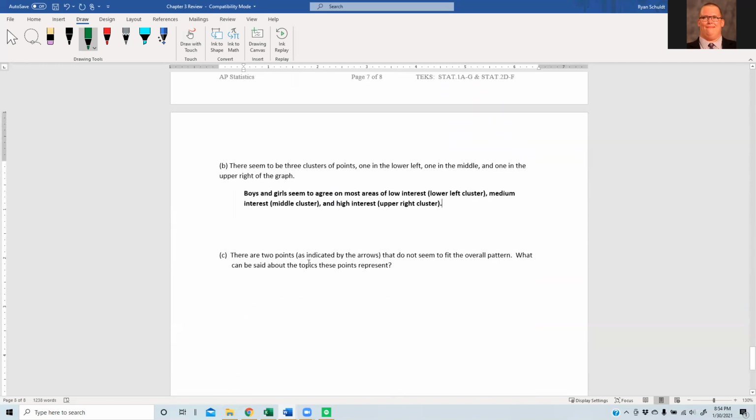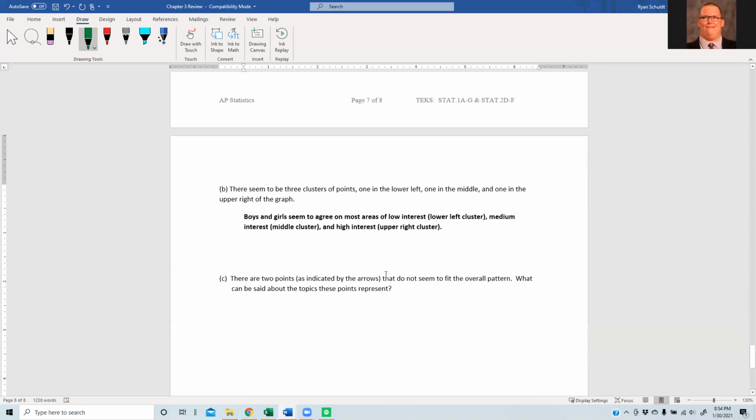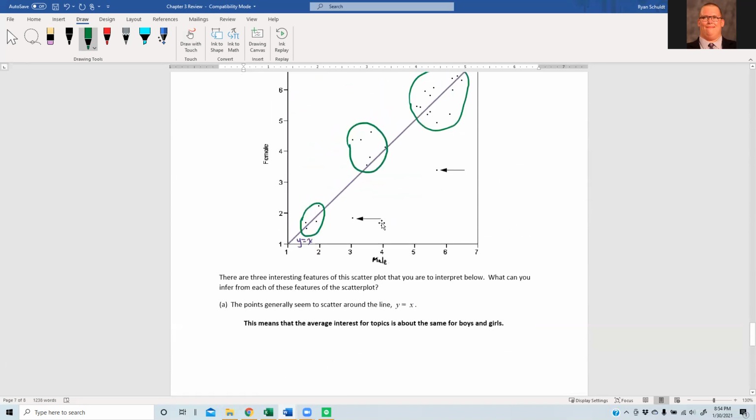And then C, there are 2 points as indicated by the arrows that do not seem to fit the overall pattern. What can be said about the topics these points represent? Well, what this says is that they tend to differ quite a bit. So in both cases, the males tend to rank them higher than the females.